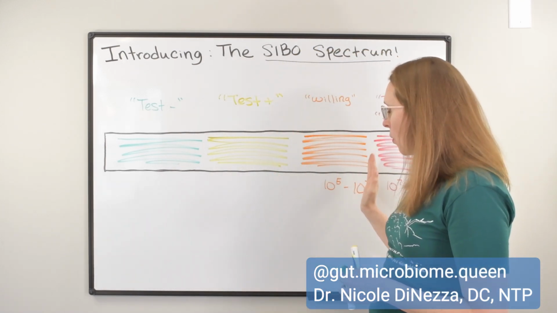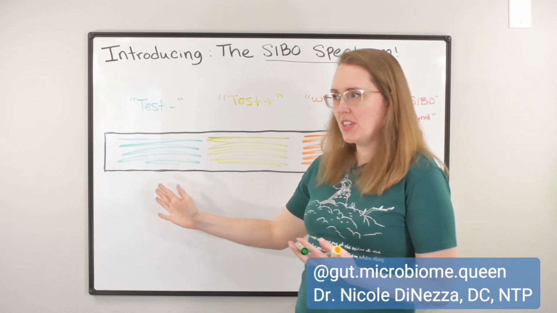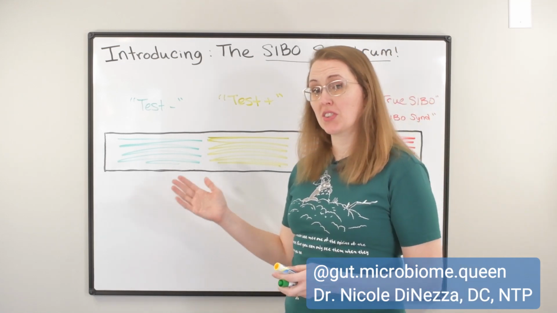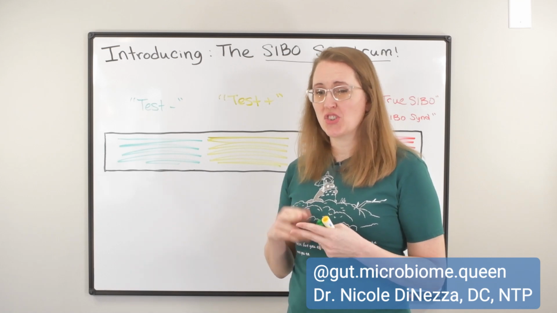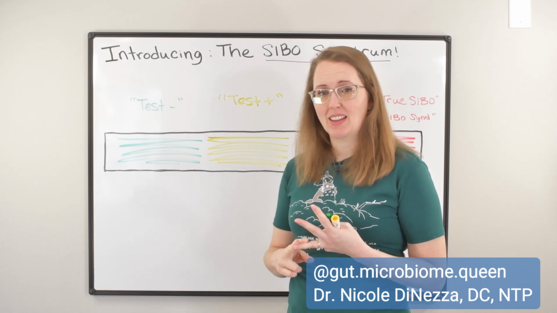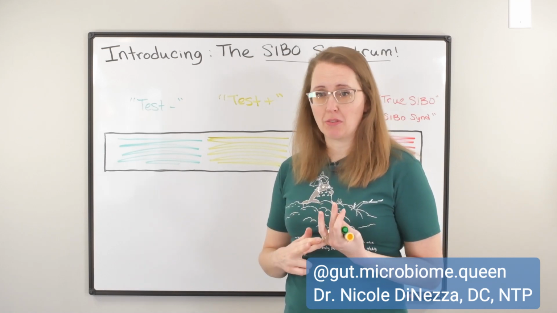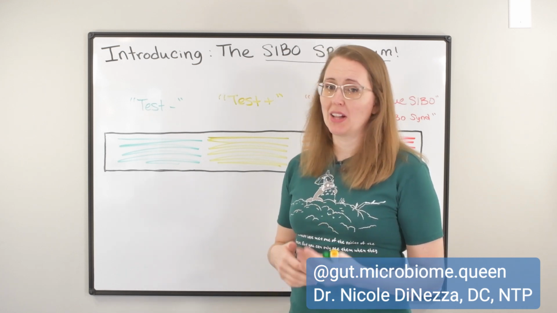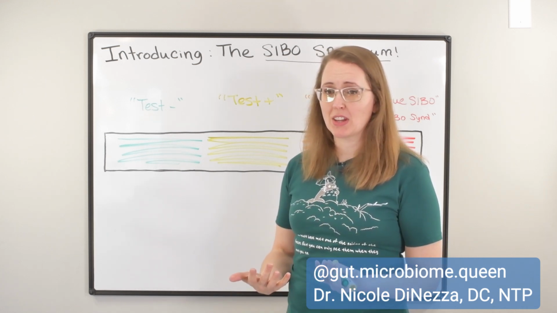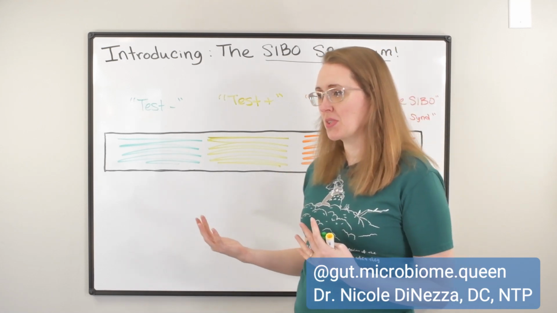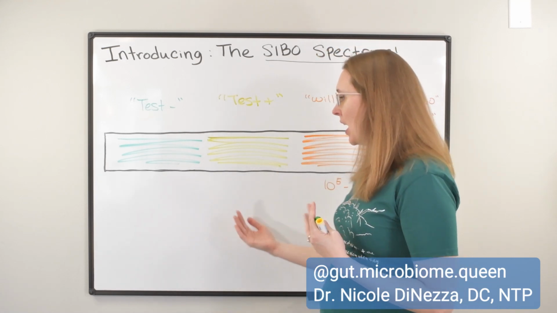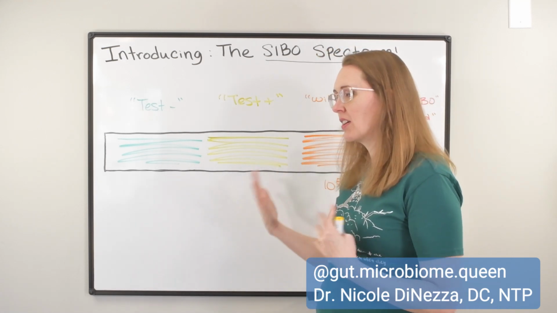From basically orange over, oftentimes people can have very similar symptoms on this spectrum, right? You get bloating and indigestion and post-meal fullness, maybe a loss of appetite because of that fullness. You could have diarrhea or constipation or mixed bowel patterns. You might have some of the same root causes like food poisoning or PPI use. It's just a continuum of less severe to more severe in a sense.